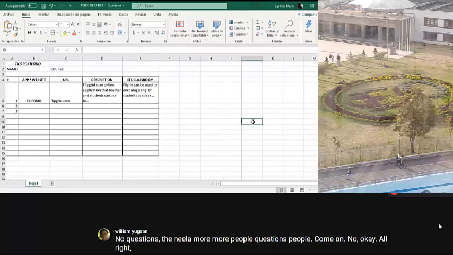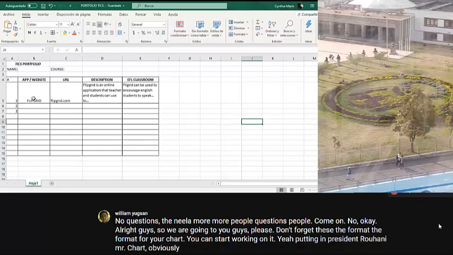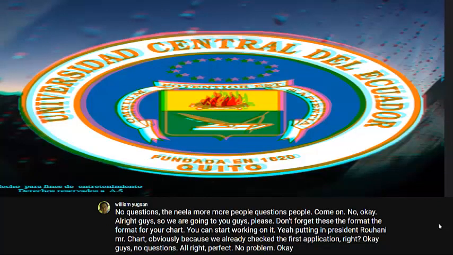All right, guys, please don't forget the format for your chart. Ya pueden empezar a trabajar en este chart, obviously because we already checked the first application, right? No questions? All right, perfect.